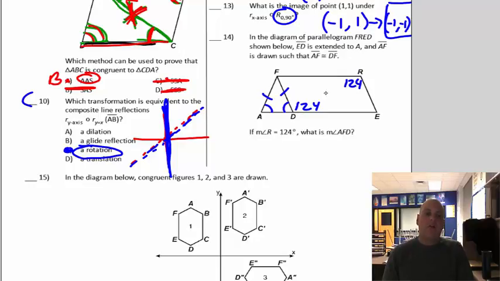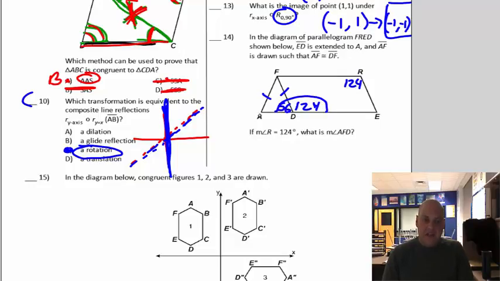In a parallelogram, the opposite angles are going to be congruent. So we have 124, 124. And then if that's 124, we know we have a linear pair, right? So we know this is going to be 56, because you got the 180 right there. So that's 180 total. That's going to be 56.